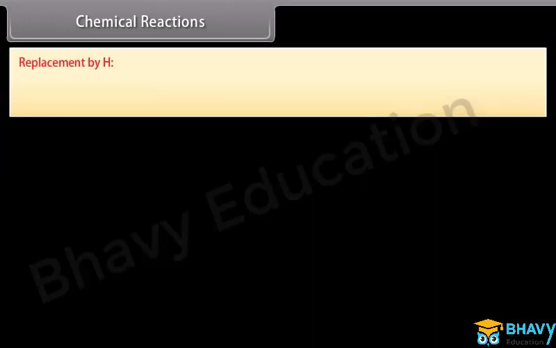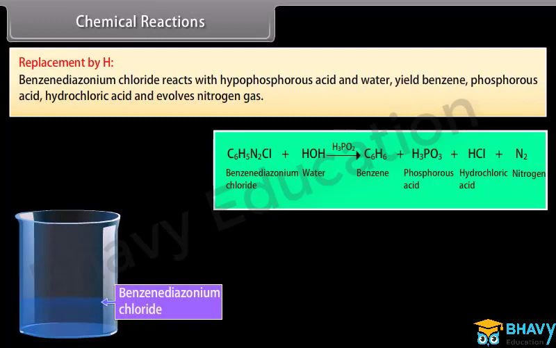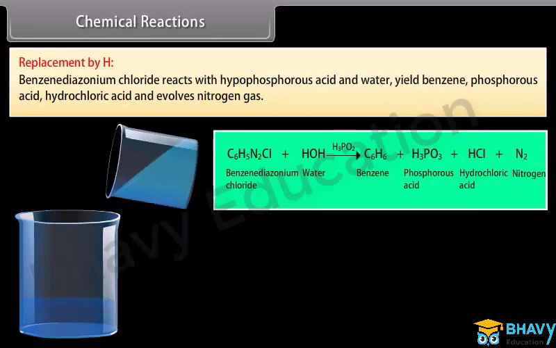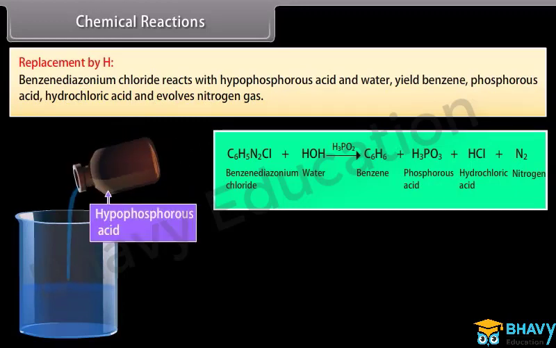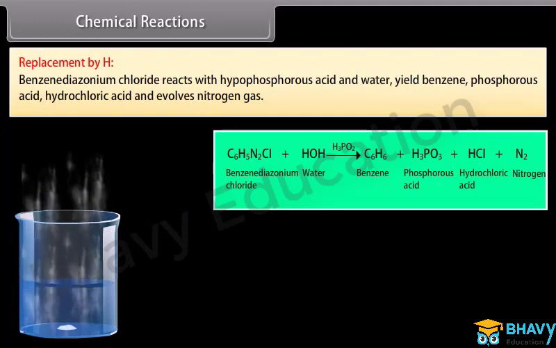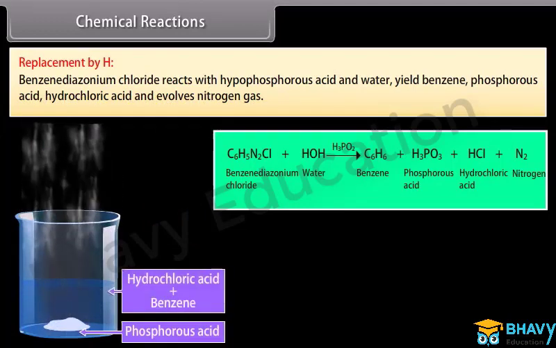Replacement by H. Benzene diazonium chloride reacts with hypophosphorous acid and water, yielding benzene, phosphorous acid, hydrochloric acid and nitrogen gas. Replacement by hydroxyl group.